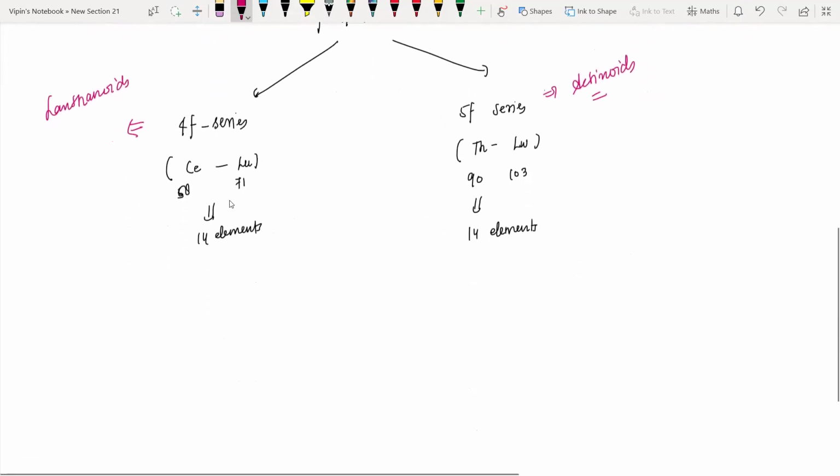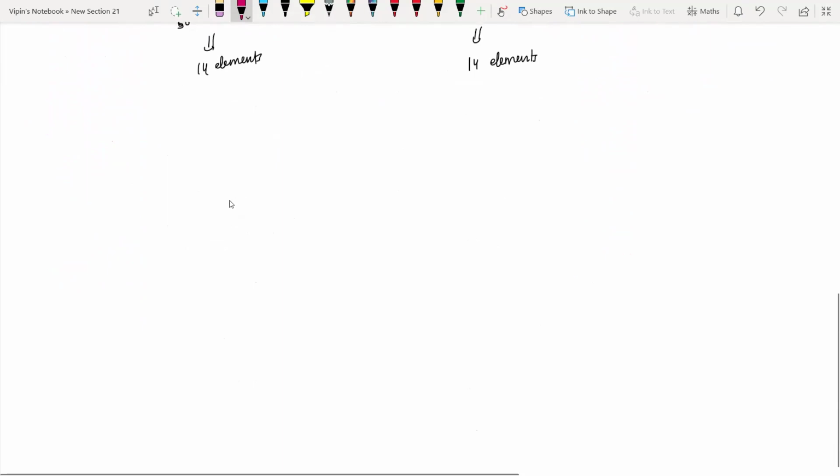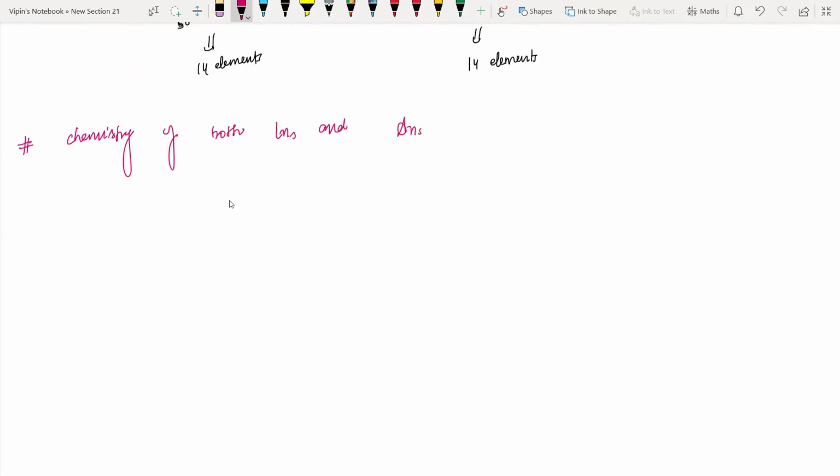Now, the chemistry of both lanthanoids and actinoids is less developed, right? Simply, we can write a line: the chemistry of both lanthanoids and actinoids is less developed.